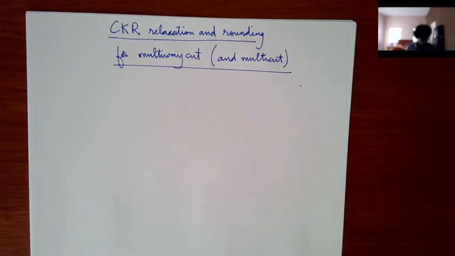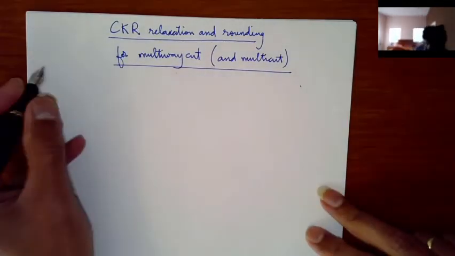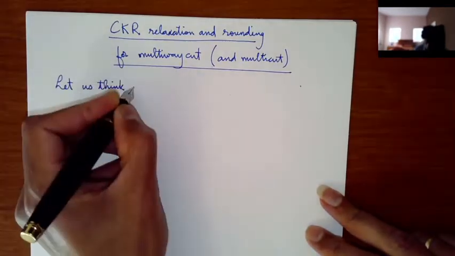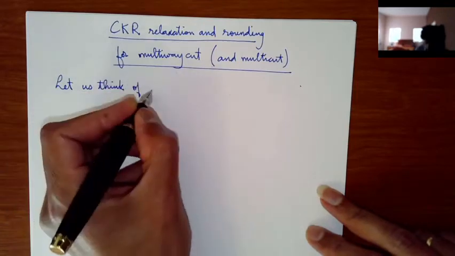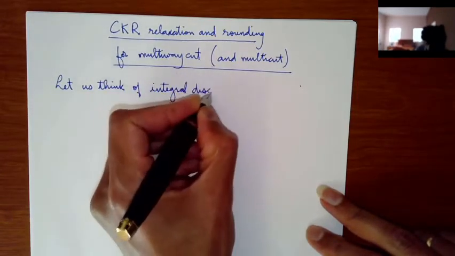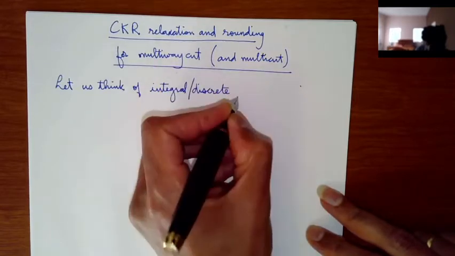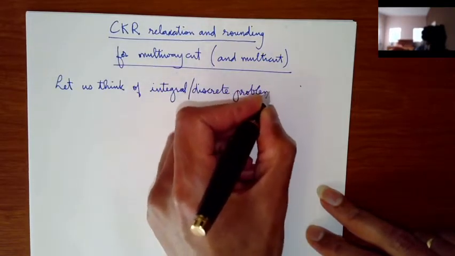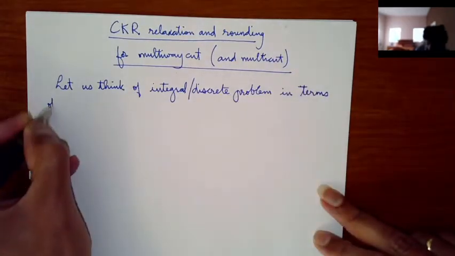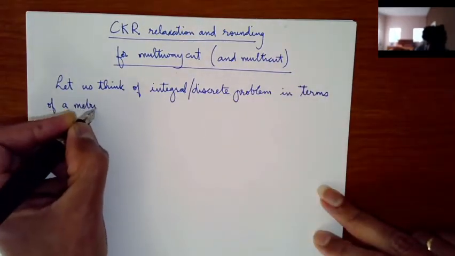The idea was to say, let us think of the integral or the discrete problem in terms of a metric.